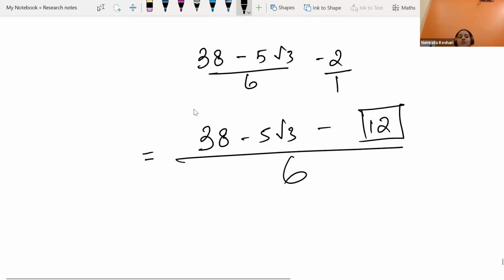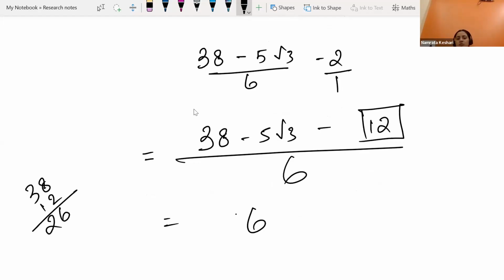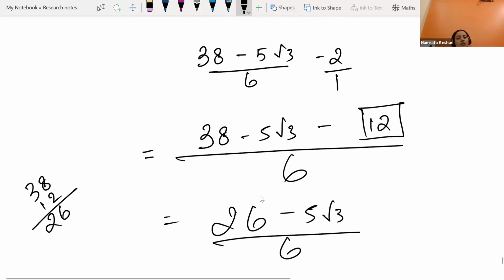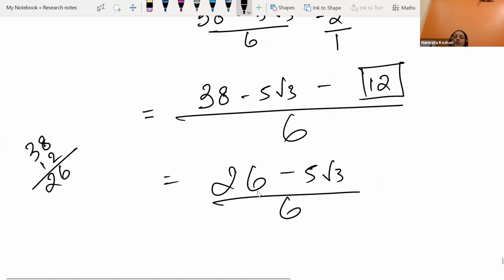So 38 minus 12 is 26, and 5 root 3 by 6. This is our final answer. Now we cannot take anything common, so we will take nothing. This is our final answer.